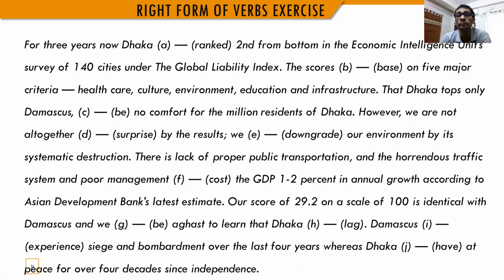Since the first sentence is in the present form, you have to use the rest of the sentence in the present form. So the answer would be, we have downgraded, meaning we have already downgraded our environment. Okay, the rest of the sentences will be done by yourself.